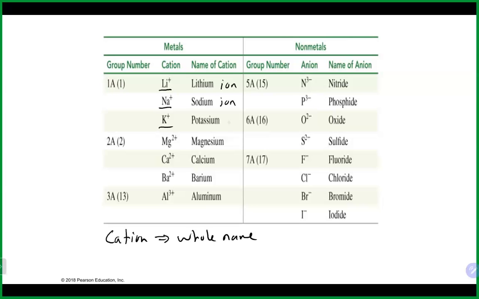That is K+, which is the potassium ion. Ca2+ is the calcium ion. So if I have any of those guys there that are positively charged, you basically just use the whole name of the element and you put ion at the end. So if we have something like H+, that would be the hydrogen ion.